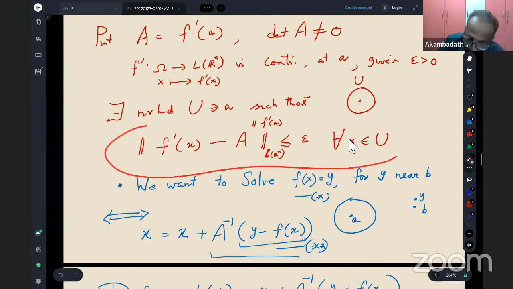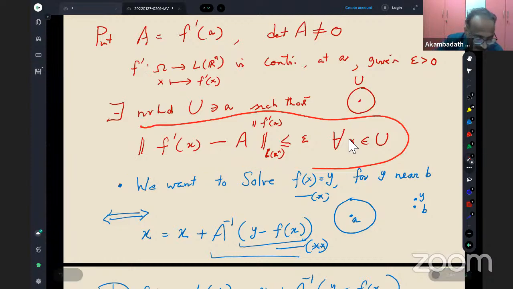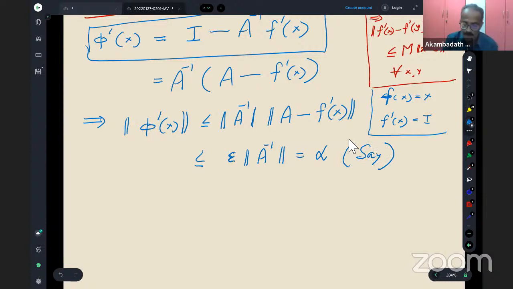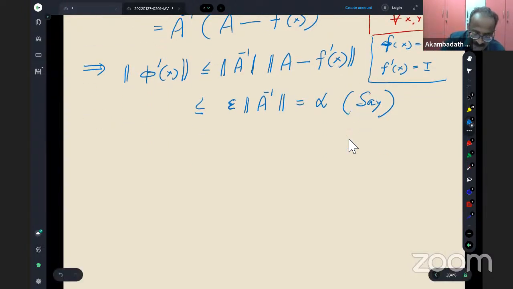You see, you have an epsilon there. So this will be less than or equal to epsilon times the norm of A inverse. This I call alpha. Now apply that result.